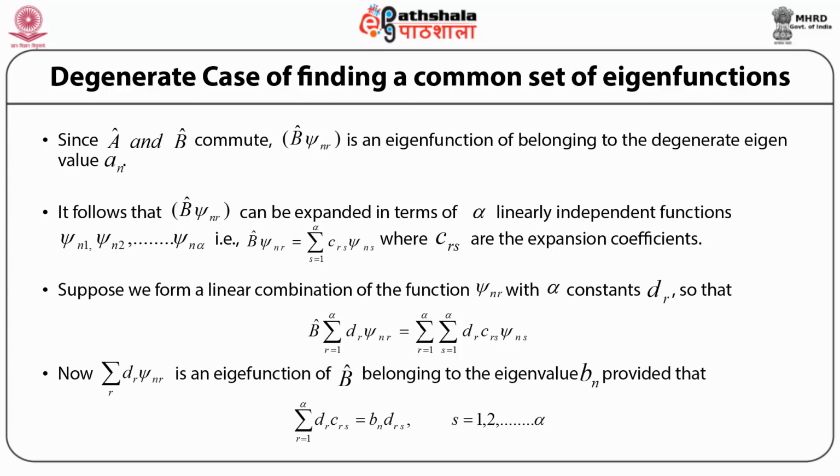Now summation over r dr psi nr is an eigenfunction of operator B belonging to the eigenvalue Bn, provided that summation over r going from 1 to alpha dr Crs is equal to Bn ds, where s takes up the values 1, 2 and so on till alpha.